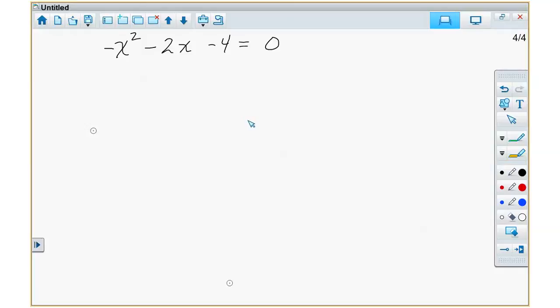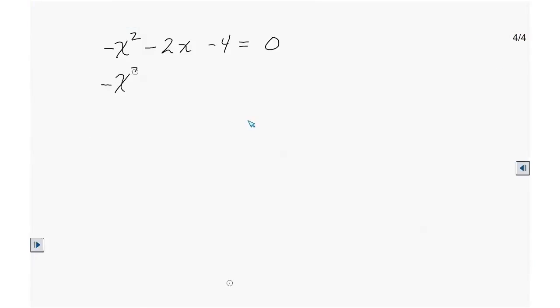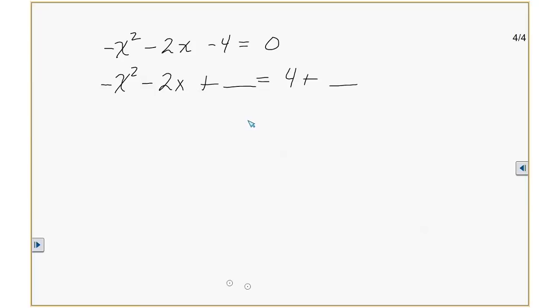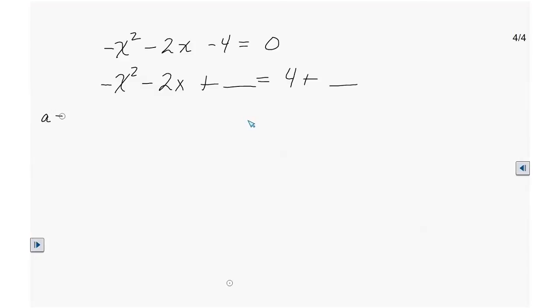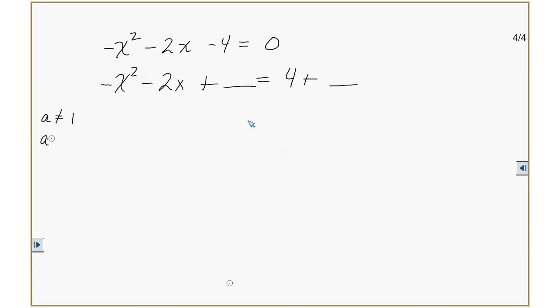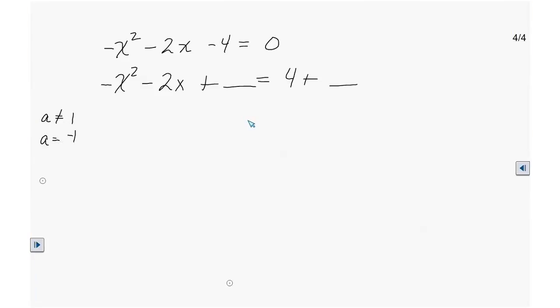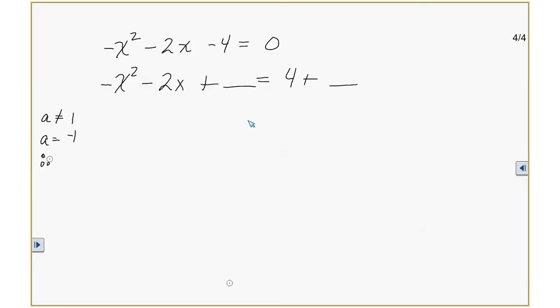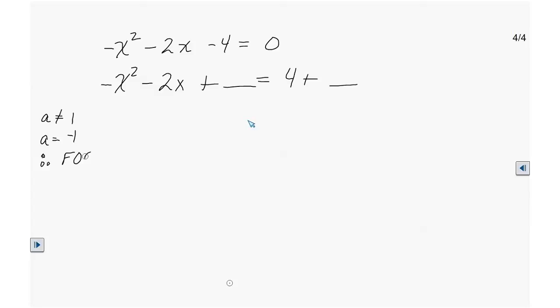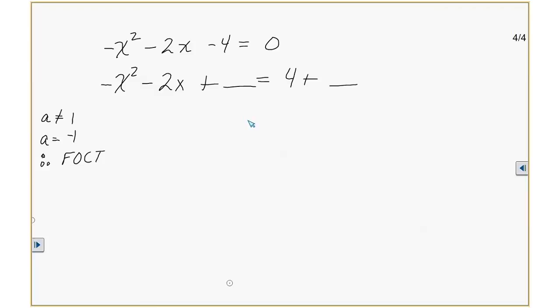First thing to do is move C. Now, at this point, you need to say A is not equal to 1. A is equal to -1. Therefore, we have to factor out a common term, and you're going to factor out a -1.